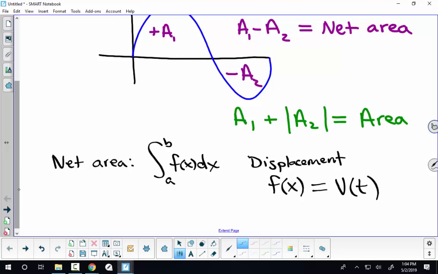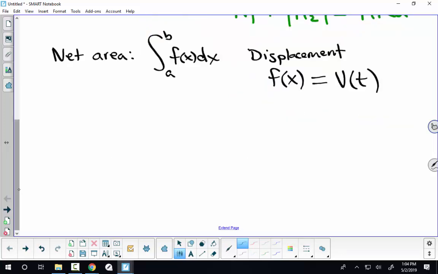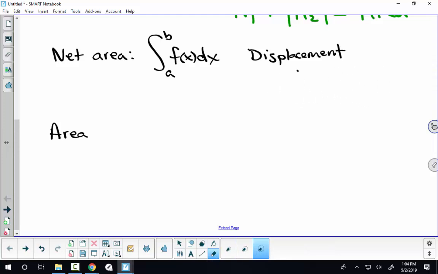So the net area on the velocity function gives us displacement, whereas area, I don't like the way that's written, I'm going to write this. But we can substitute whatever we want in here. So the net area we could view in certain instances as a displacement.